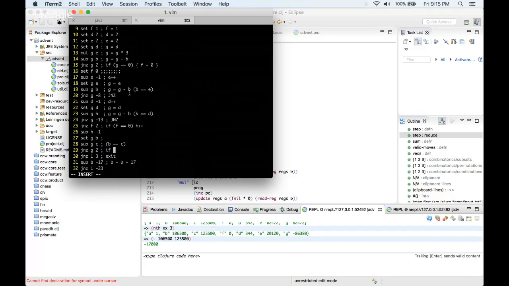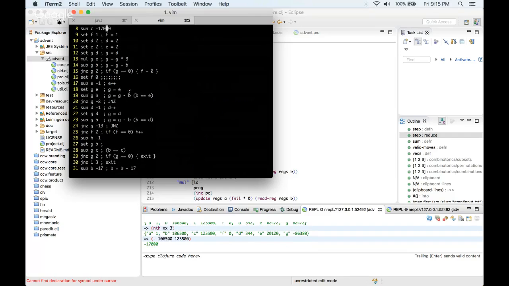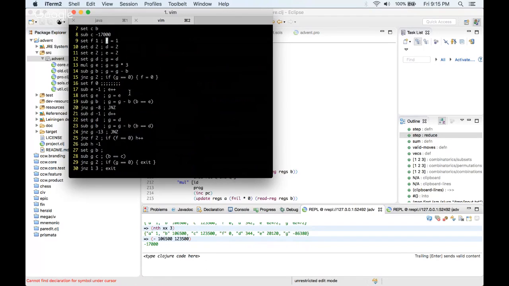So this is basically saying if G is 0, then exit. Right? Otherwise, we're jumping up to 9 here. Okay, so I think I kind of understand the program a little bit.